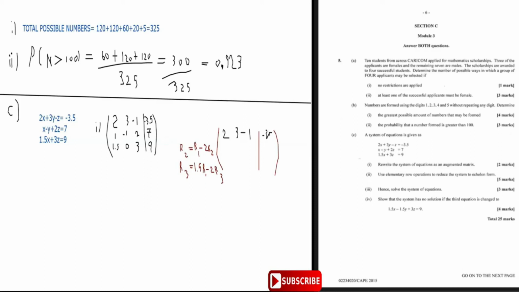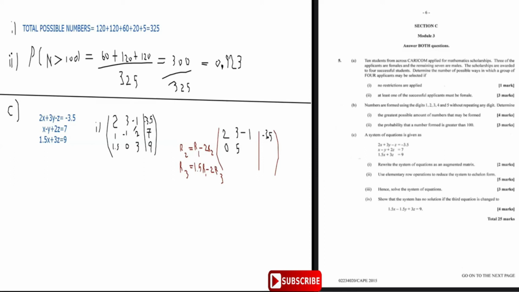Now row 1 minus 2 row 2: 2 minus 2 times 1 is 0. Then 3 minus 2 times minus 1 is 5.